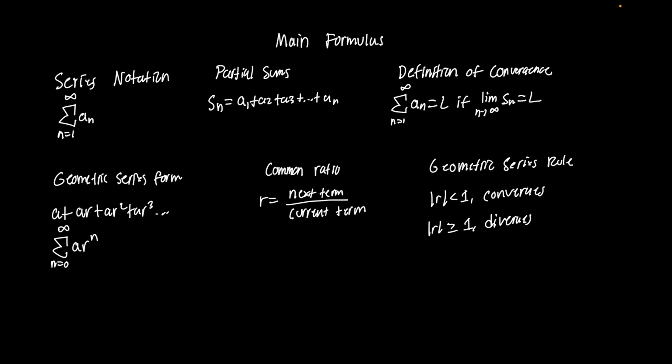And if it does converge, the sum is just a over 1 minus r. And lastly, we learned the divergence test, which says if the limit as n approaches infinity of a sub n does not equal 0, then the series of a sub n diverges.